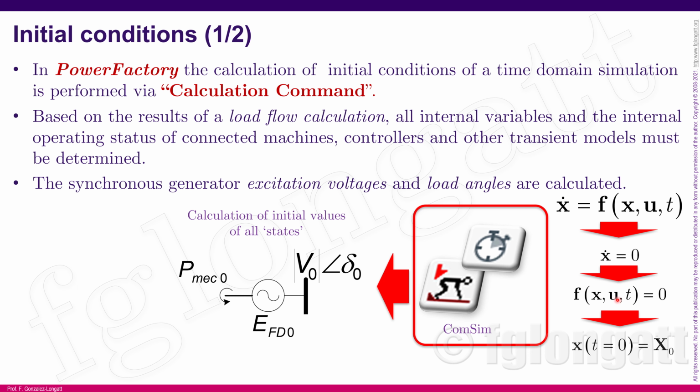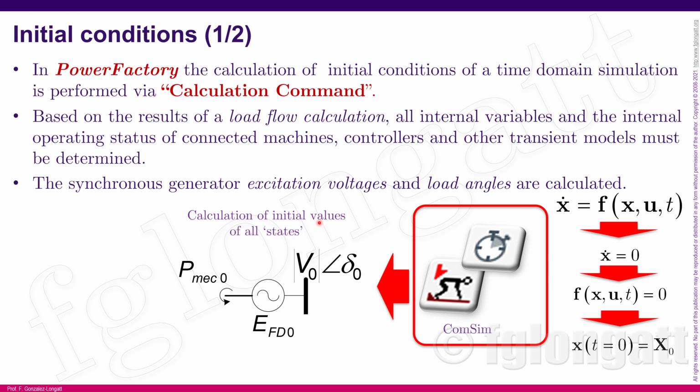That means that from here we can extract the numerical value of the state variables. And that is what the command initial condition is doing. It makes the differential equations equal 0, extracts the state variables, calculates them in terms of a number, and then you can obtain all the initial states.